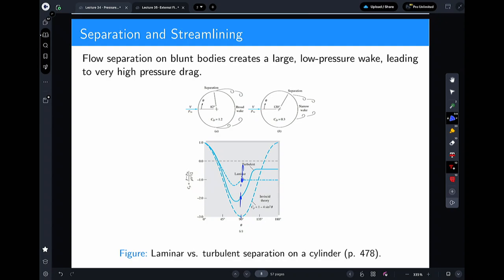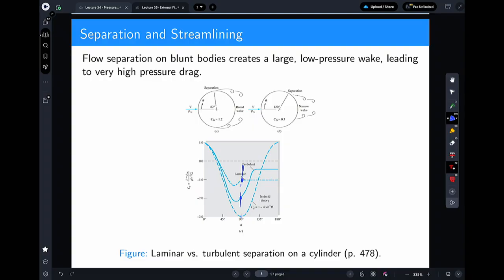If I had inviscid flow, no viscosity at all, I'd have the dash line. The flow would go over and under and around this body very nicely. And you can mimic that by having very low Reynolds numbers. So you can do, I think, up to a Reynolds number of 5, which is very hard to achieve. And that's one of the reasons why we might use glycerin to do some of these experiments.